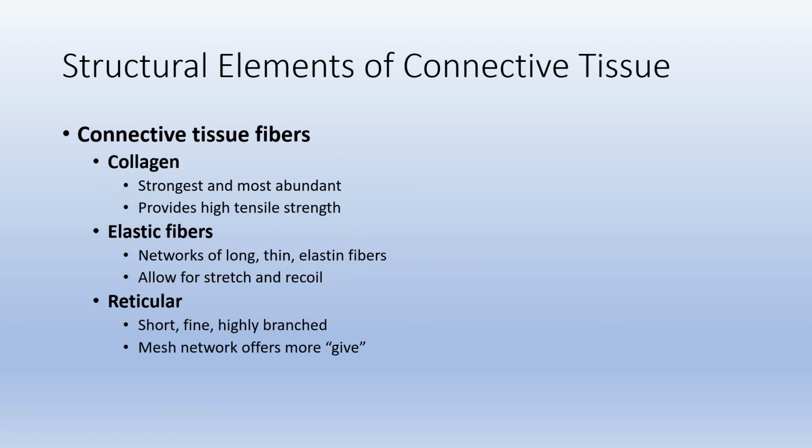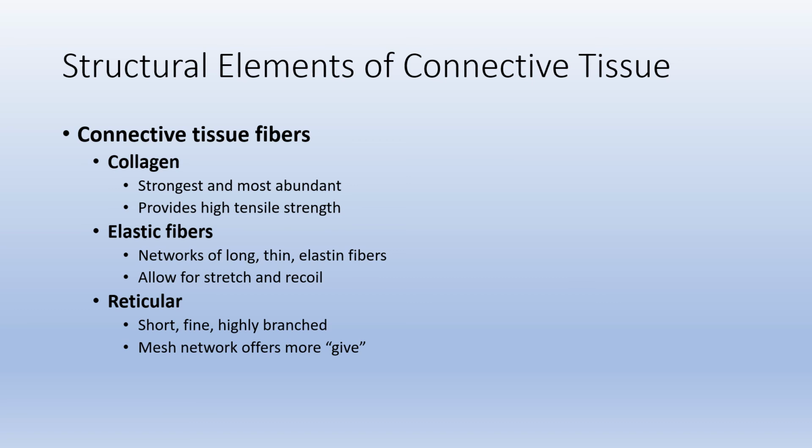The next structural element of connective tissue will be the fibers. Remember, when you group together ground substance and fibers, you can collectively call it the extracellular matrix. We have three different types of tissue fibers: collagen, elastic, and reticular. Collagen are the most abundant.